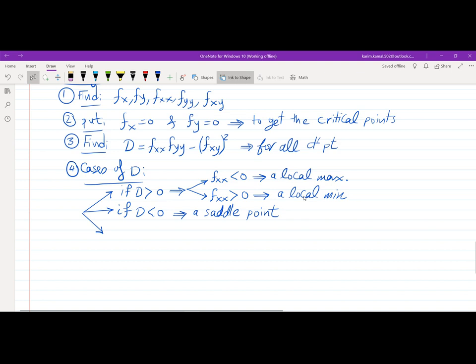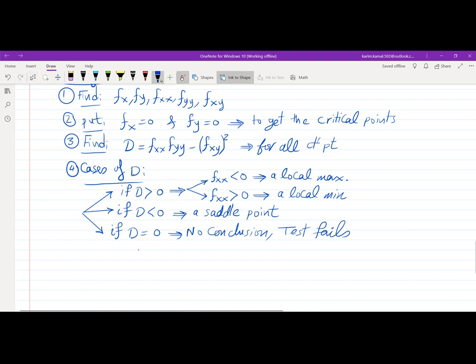And if D is equal to 0, then there is no conclusion about this point, and the test fails to decide what is the type of this point. Is it local maximum, local minimum or saddle point?